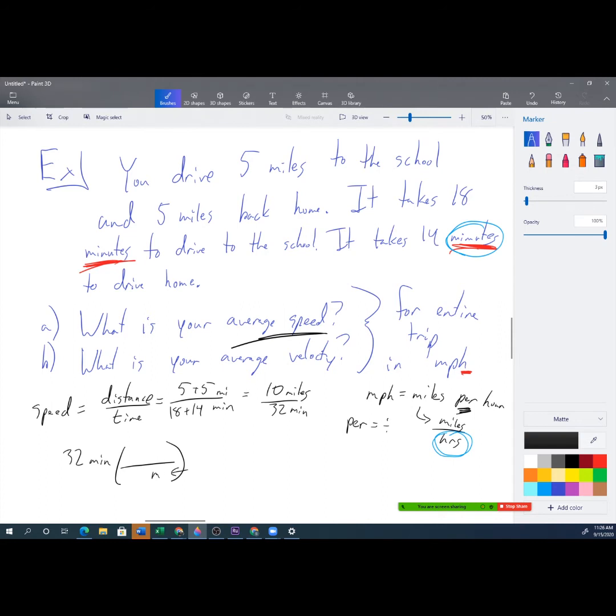Minutes goes on the bottom because I want these to cancel with each other. Hours goes on top. Anytime you see a unit with one upstairs and one downstairs, they go away. And I like to put my units in first, and then I go back and put in my numbers. How many hours to how many minutes?